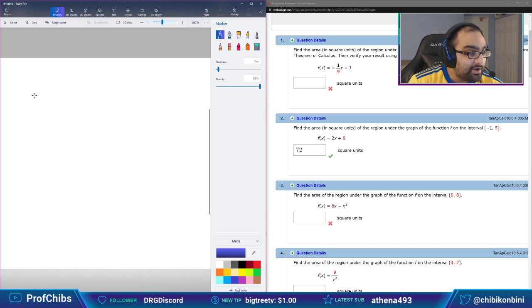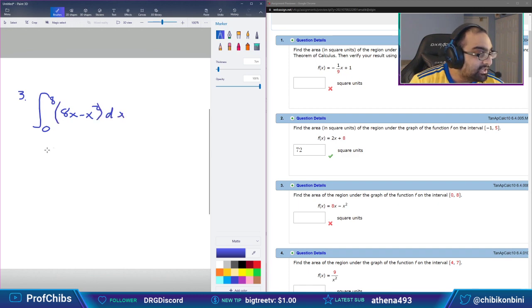All right, so the next problem here, let's go ahead and do number 3. Number 3 here is going to be, again, finding the area underneath the curve from 0 to 8 of 8x minus x squared dx.